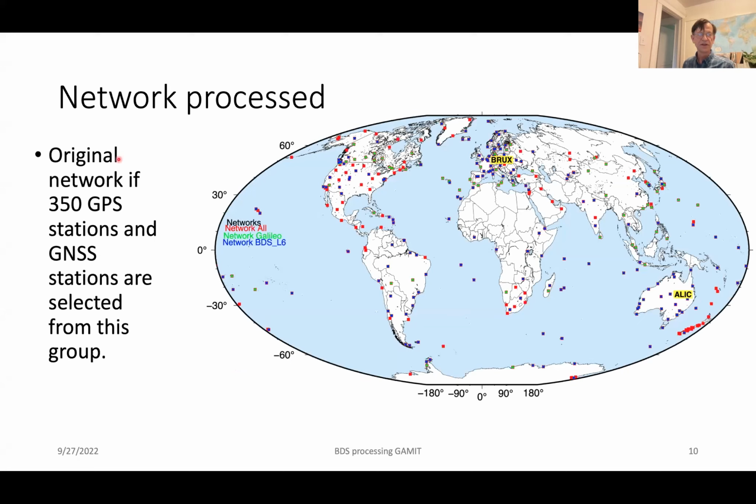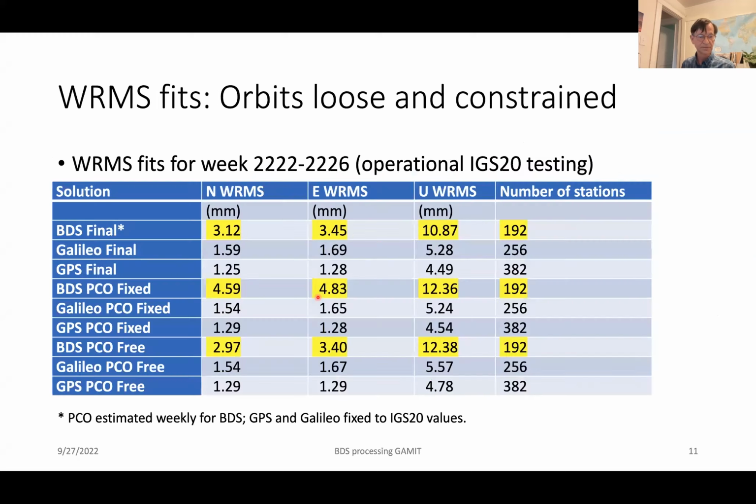And again, this is a network processed across here. It's 350 GPS stations. And of those, about 190 have BDS data available. And you can see we get a nice global distribution of sites for Europe and North America and various places around the world. So for this particular processing, this is now just the weighted RMS fits of the horizontal position determinations.